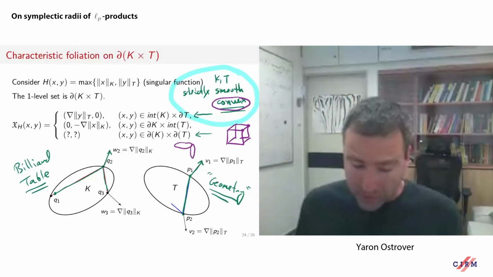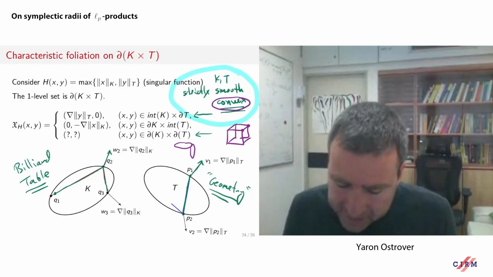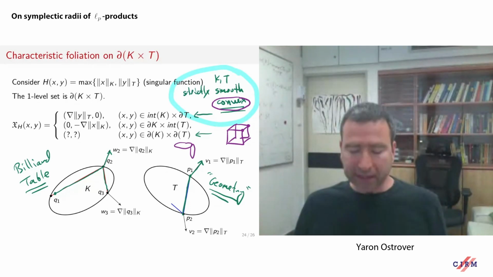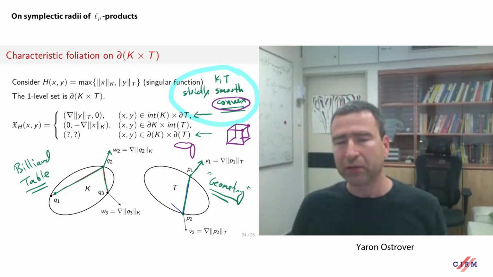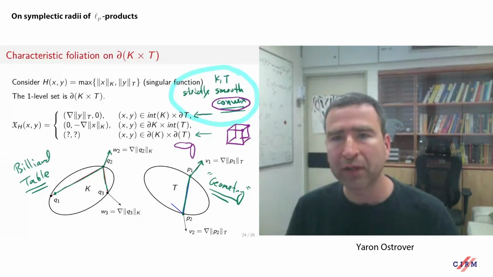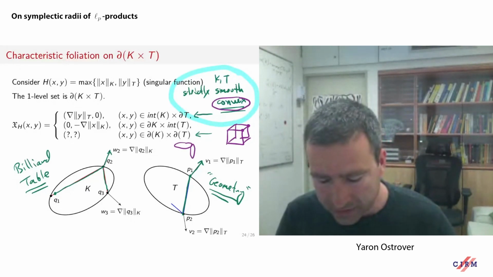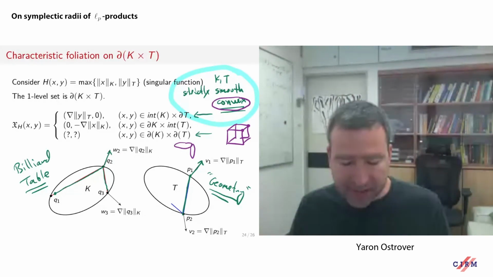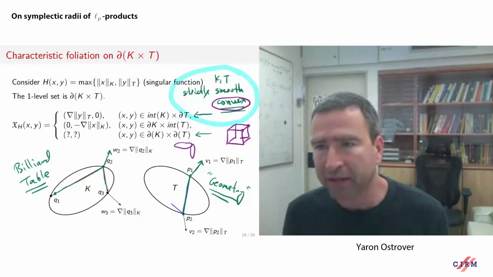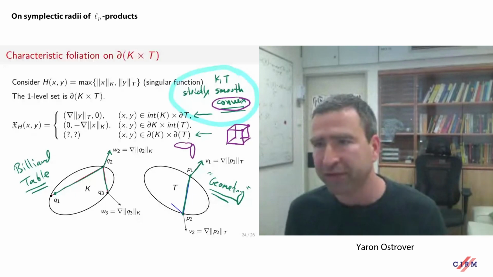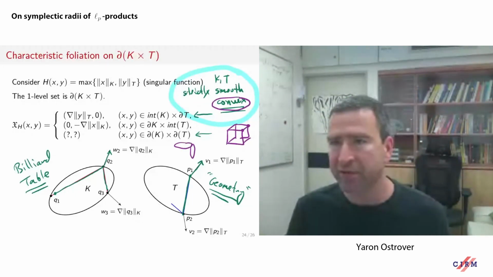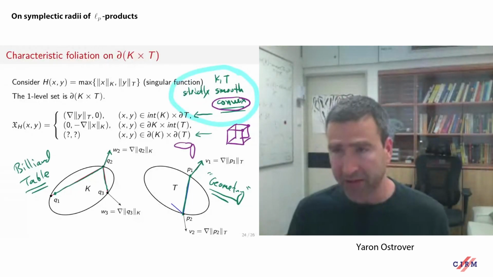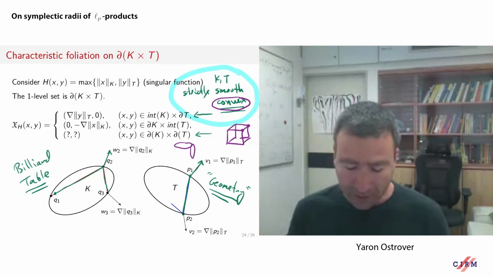Okay, so what we see from this picture is that, at least in the case p equals infinity, when we look at the Lagrangian product of two convex configurations, then this Hamiltonian dynamical system has a very natural interpretation. Just linear dynamics in one of the domains with respect to the geometry induced by the other domain.